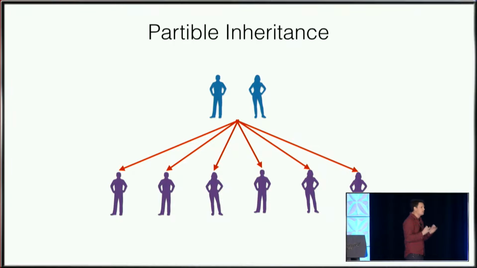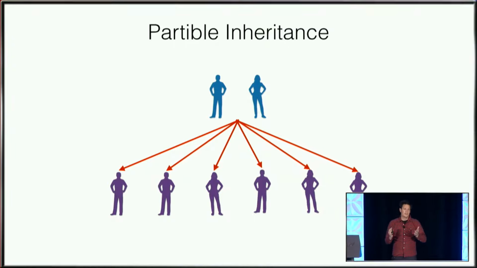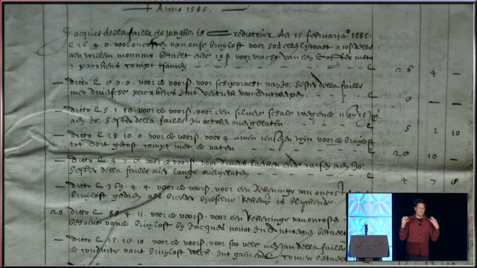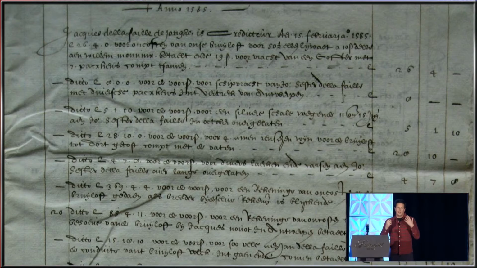And when you're dealing with merchant families, that means accounting has to go into figuring out how much the estate is worth, and then how much each individual person gets, and it has to be exactly right. So, and here you can see a document where it's doing that. So merchant families, inheritance involves accounting.